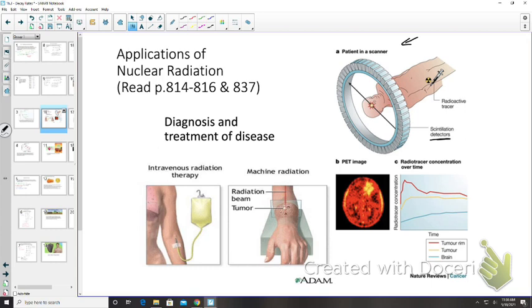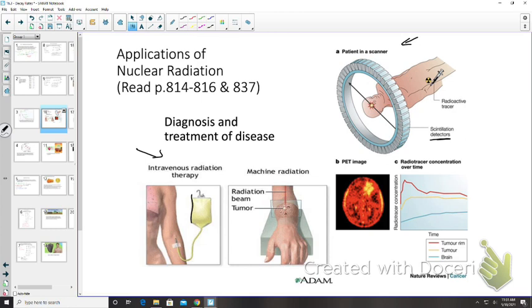Okay, we also have IV radiation therapy. So in this case, you're going to have an irradiated solution. That's what we see in this bag here. Okay, and that is going to be pumping radioactive material throughout your bloodstream, and that would likely be in attempts to kill those cells which replicate faster than normal growing cells, so i.e. cancer cells, right?